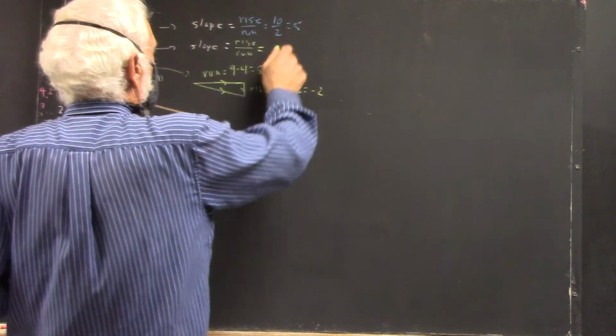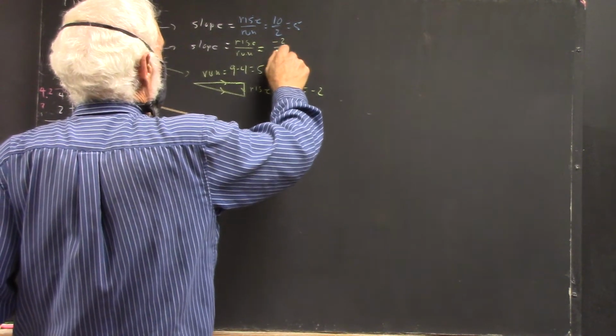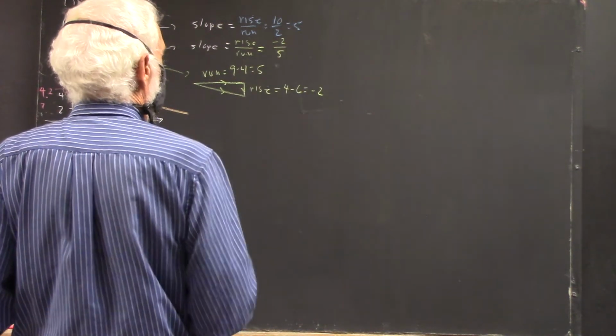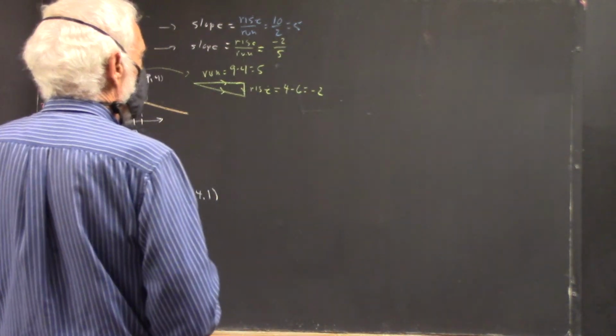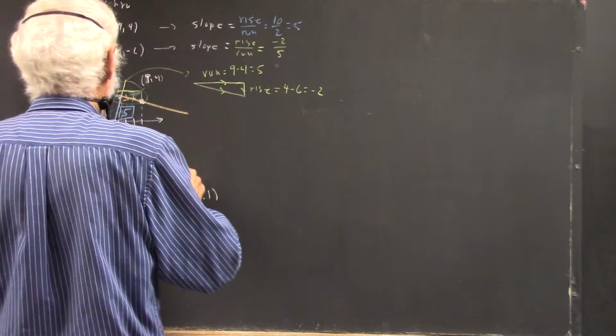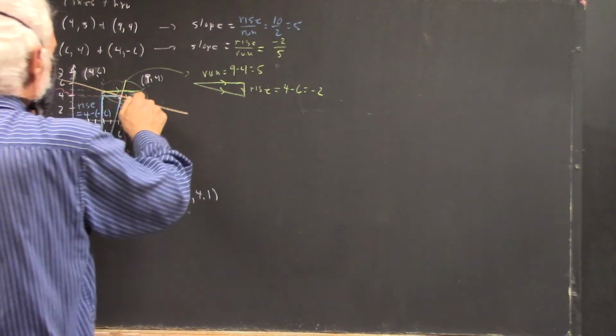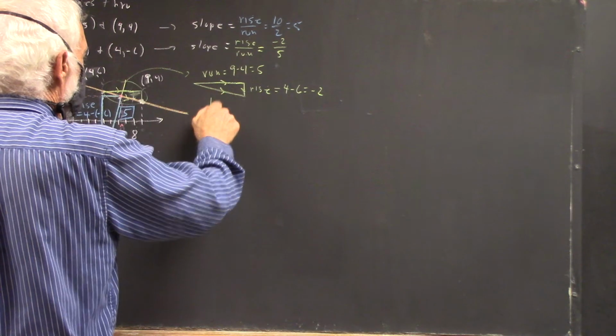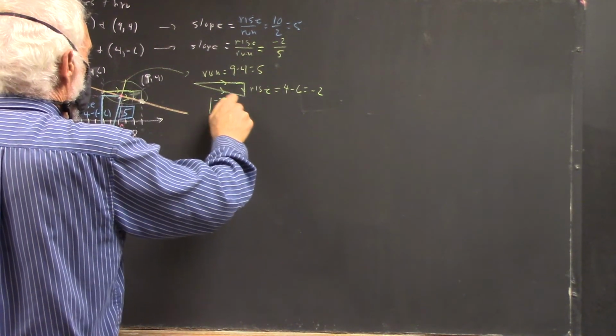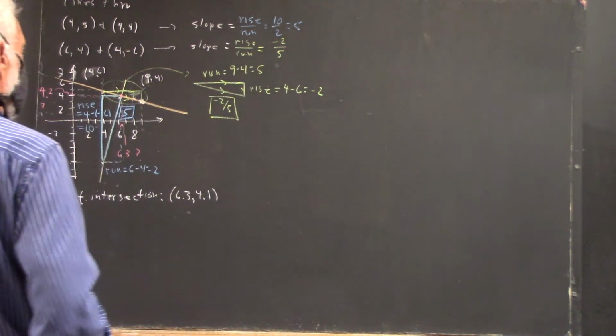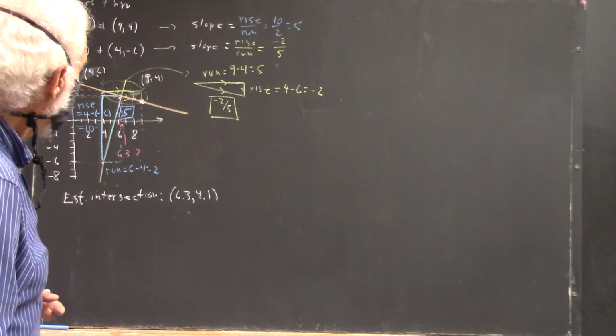Okay, so rise over run is going to be -2 over 5. So there's your slope. So we write the slope here: -2 over 5.